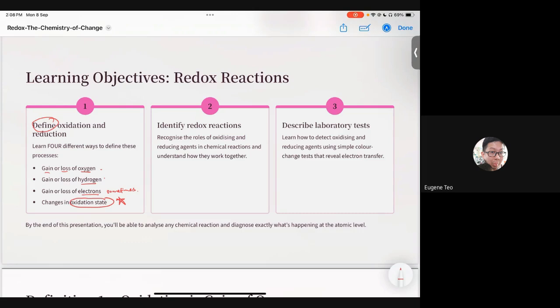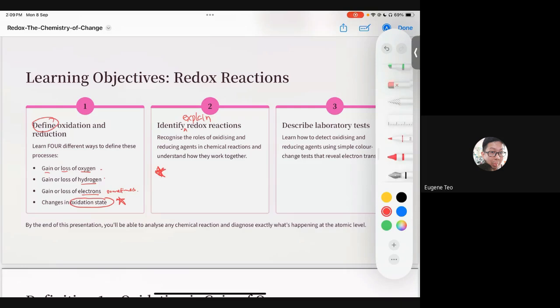Secondly, is being able to identify and explain your redox reaction. When you look at explaining and identifying redox reaction, I just want you to put a star here and write down template to explain redox.